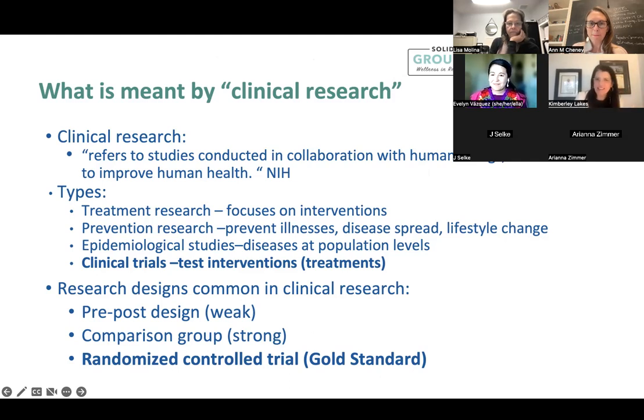I think there's certainly, you're right, it's considered the gold standard. There are times when it may not be the best approach. And I hope that's maybe where you're going to be going with some of the next slides as well. But it is considered very rigorous because you are randomizing participants to treatments.